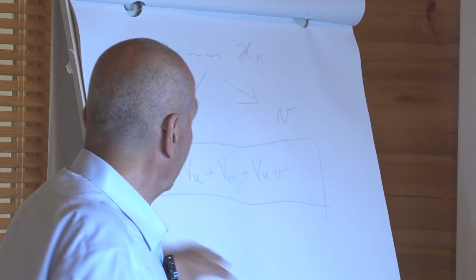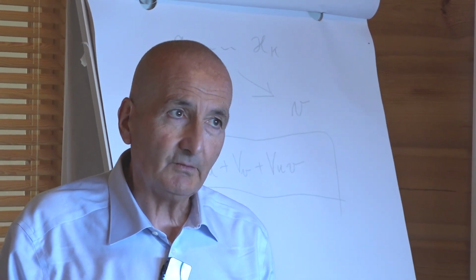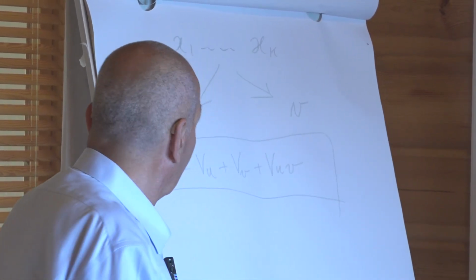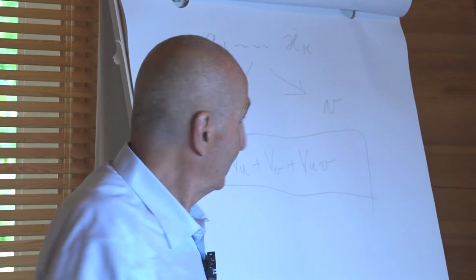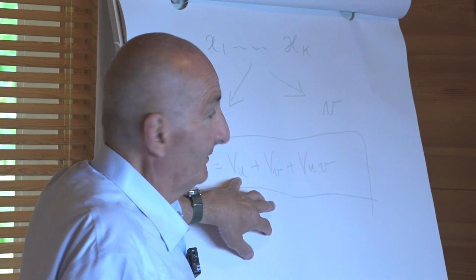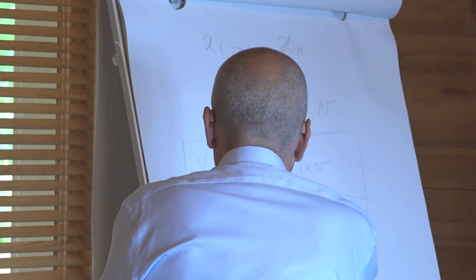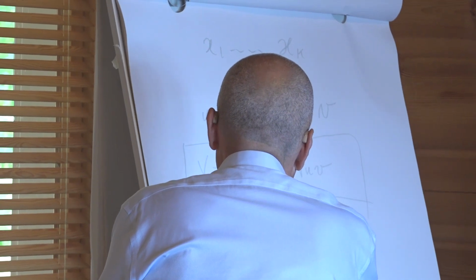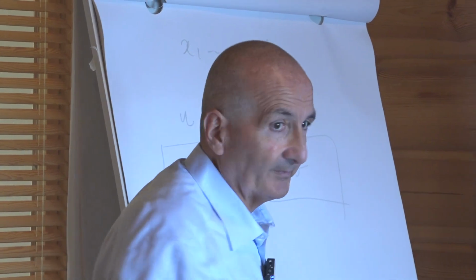Sobol wrote it in this way because he had in mind the idea that if you could identify all the active variables and put them in a group, this would be very high, and maybe this also would be very high.